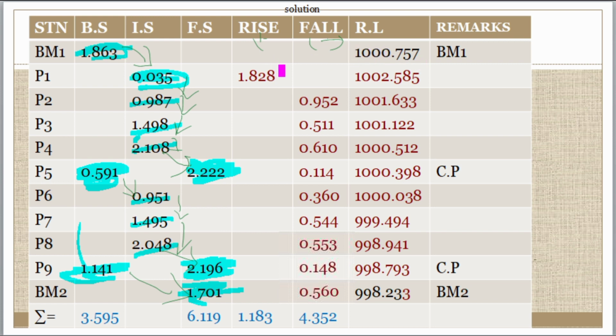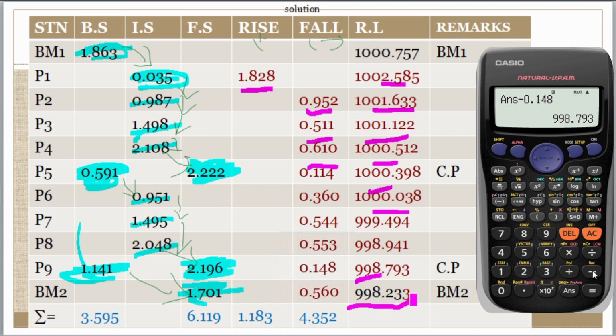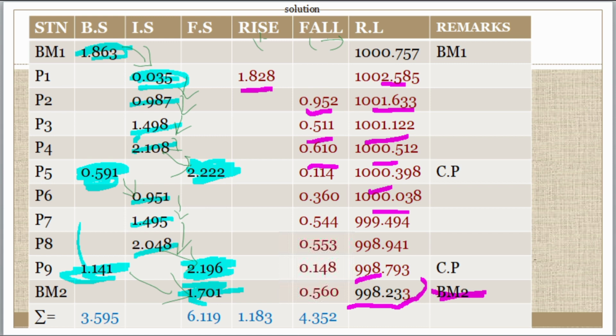Where we have a rise you add, where we have a fall you subtract, in order for you to determine all those reduced levels found there on the instrument until we have our last. From the question I have corrected that. So that is the last reduced level on the benchmark 2.